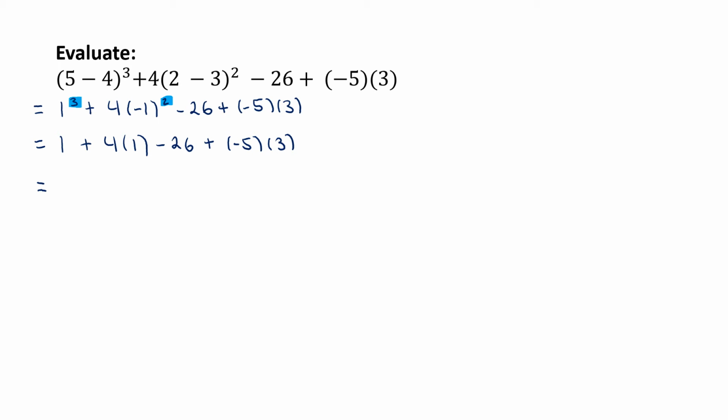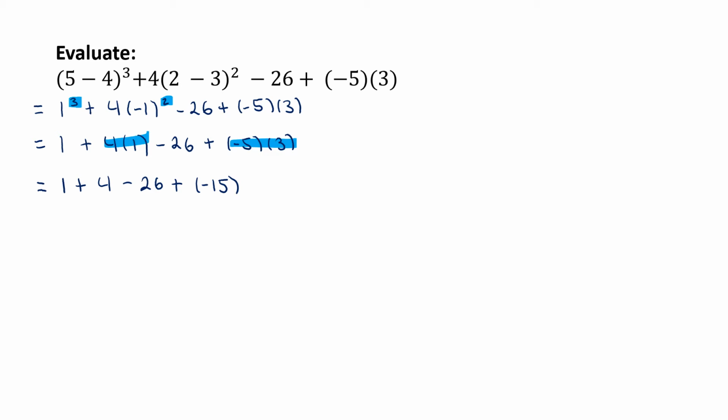And after exponents, it's division and multiplication. So here are the things that we can do on this step. We can do 4 times 1. We can also do negative 5 times 3. So this is equal to 1 plus 4 times 1, which is 4, minus 26 plus negative 5 times 3, which is negative 15. Now that we did the division and multiplication, we can move on to the last step, which is addition and subtraction.